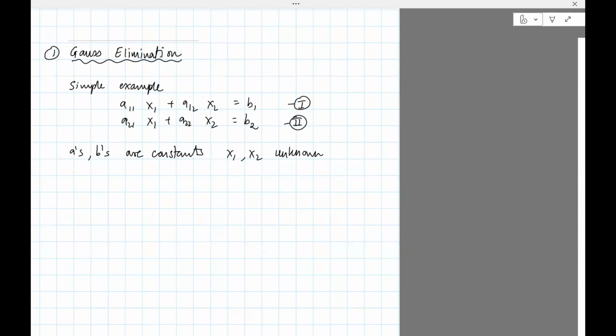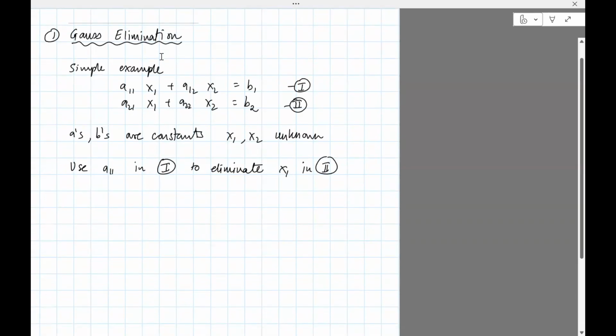What we do is use a11 in equation 1 to eliminate x1 in equation 2.